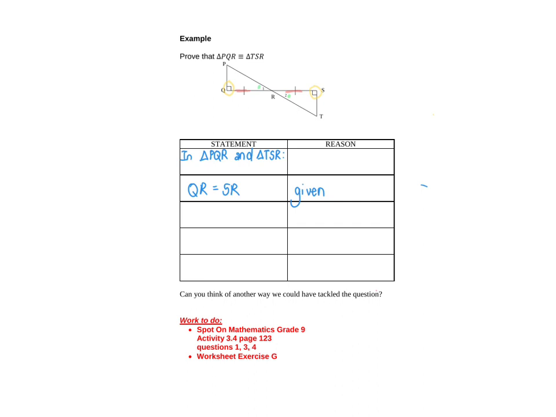That's all you write. Then angle Q is equal to angle S, and we can say that they're 90 degrees, because once again they're given to us.